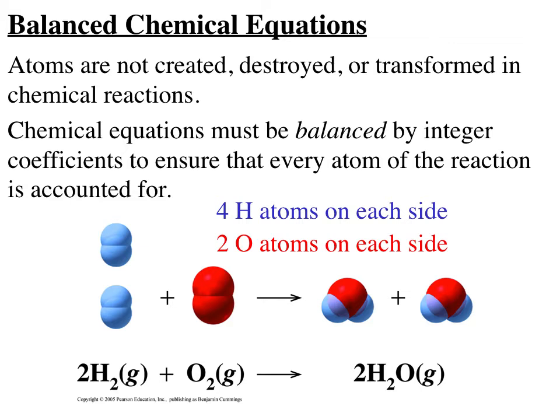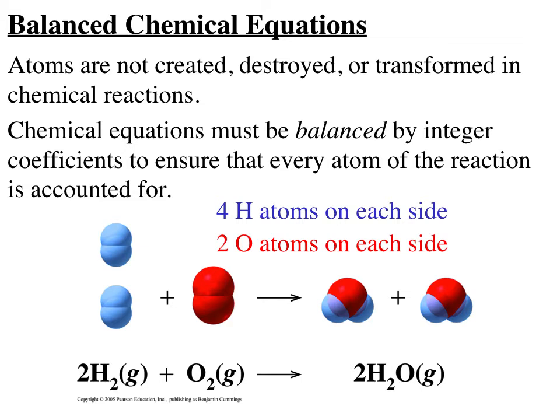So the reactants are pulled apart, fragmented, and then reconstituted into the products. But none of the atoms that constituted the original reactants is lost during the formation of the products. We call that a balanced chemical equation. Atoms are not created or destroyed during the transformation.